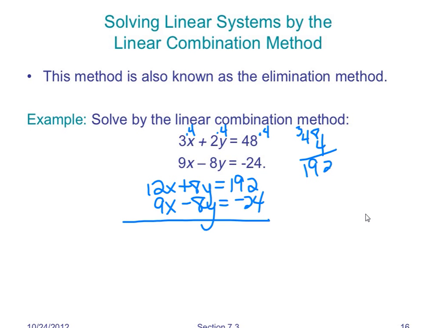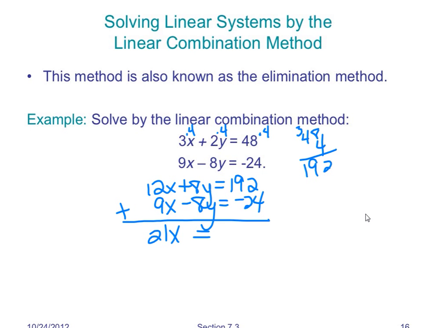The reason why this used to be called the addition method is because at this point we add the two equations together. I add my x's to my x's, so 12x plus 9x will give me 21x. I take my 8y and my negative 8y and add those together, and that will give me 0y.